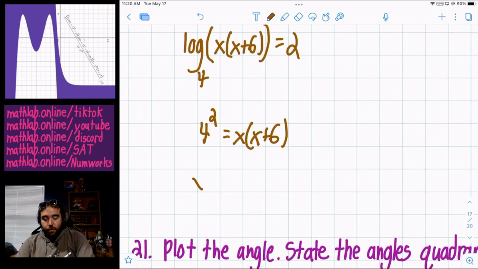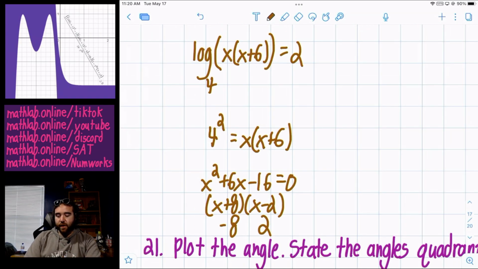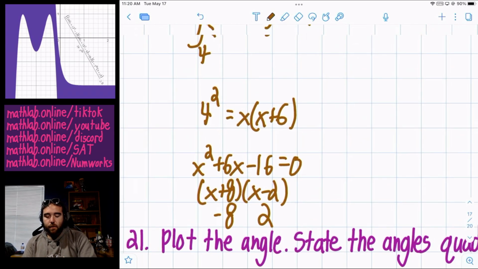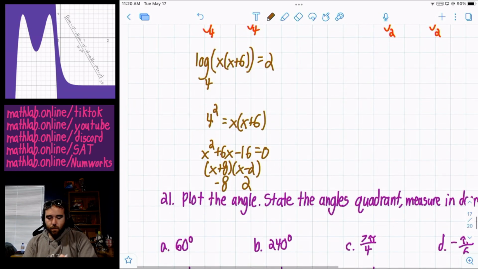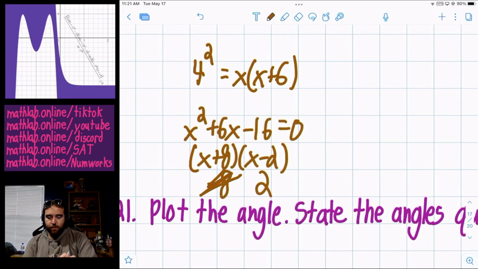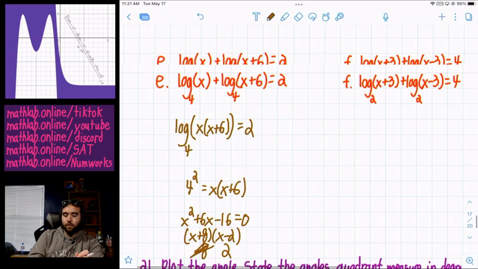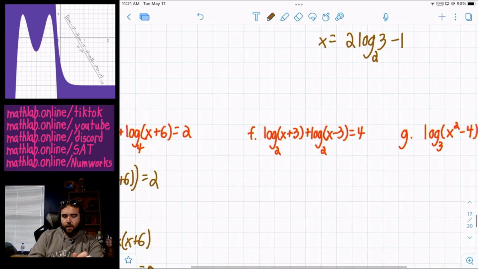Now we're going to distribute and get everything to one side, so we can factor it and get our answers. The last thing is we have to make sure that when we plug them back in, we're not getting the log of a negative, which is no good, and we do get that here. So negative 8 is not a good answer. 2 is the only answer. And yeah, that checks out.